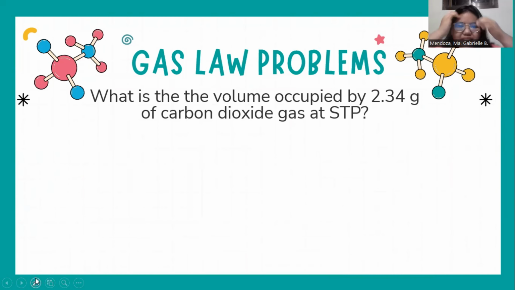So, what is the volume occupied by 2.34 grams of carbon dioxide gas at STP? First, we need to identify the given. STP means standard temperature and pressure.